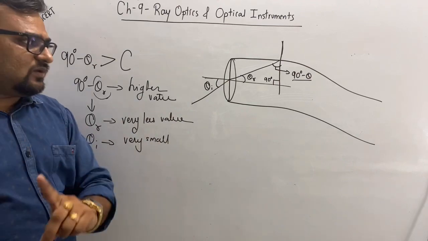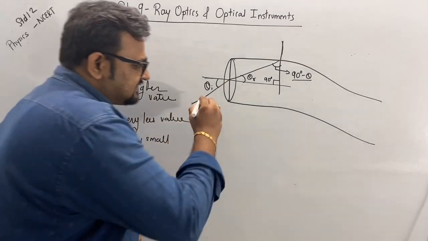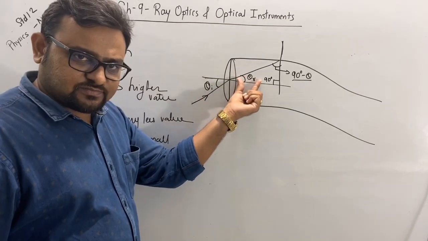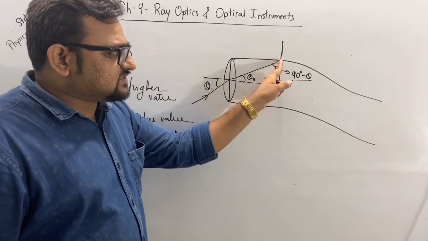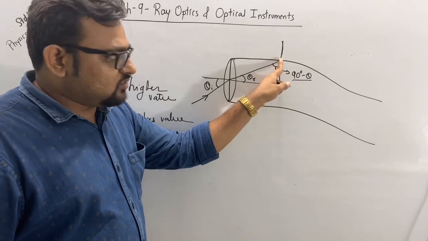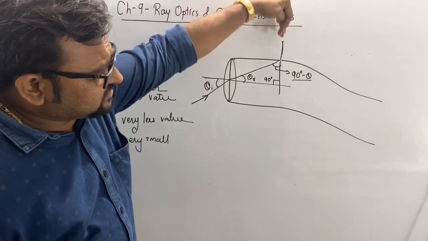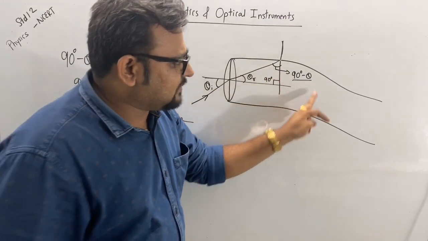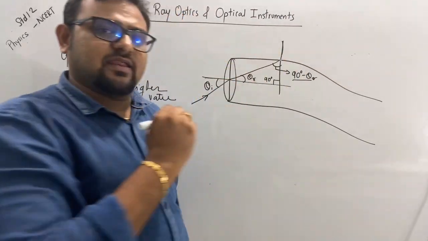Remember, I am repeating once again, this is the incident ray, this is angle of incidence, this will be angle of refraction. Now, this is the angle of incidence at this point. So now this is normal, so this angle of incidence will be 90 minus theta r.